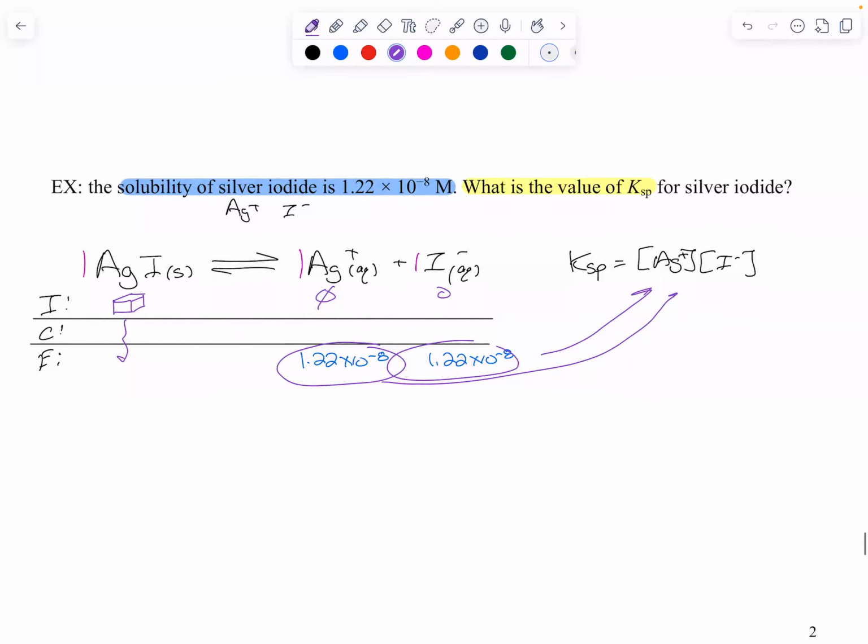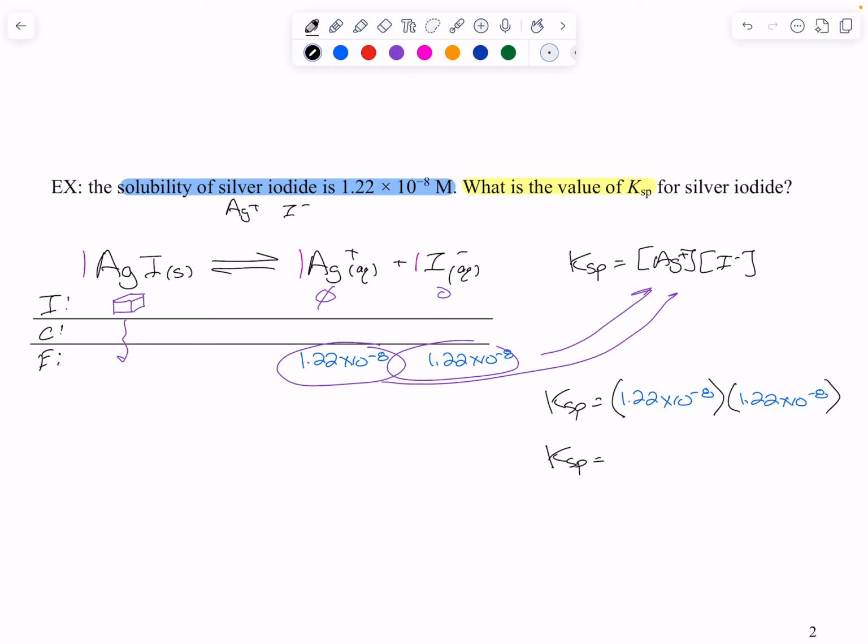All right. So KSP is going to be 1.22 times 10 to the minus 8 times 1.22 times 10 to the minus 8. Means KSP is what?